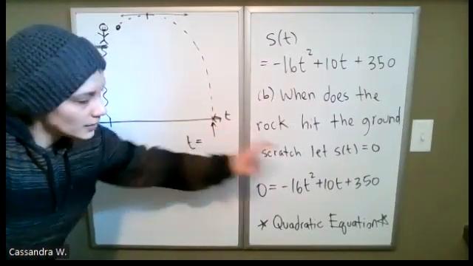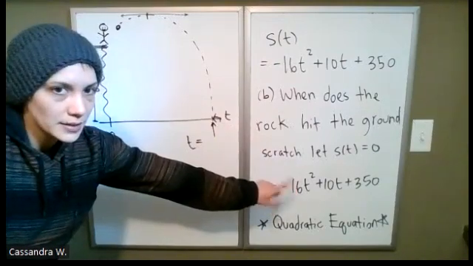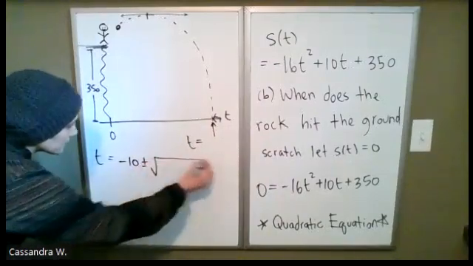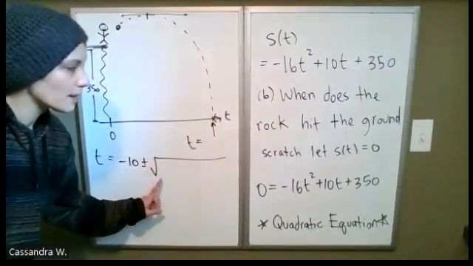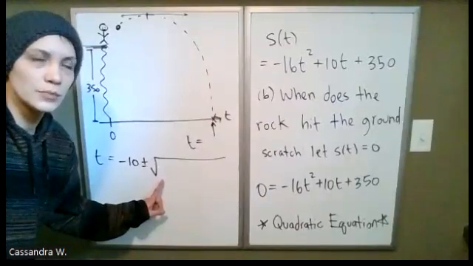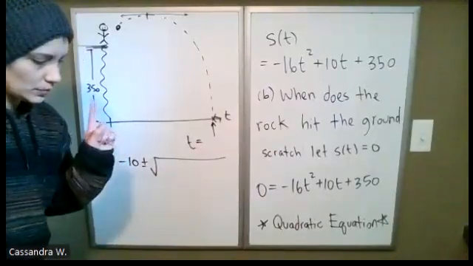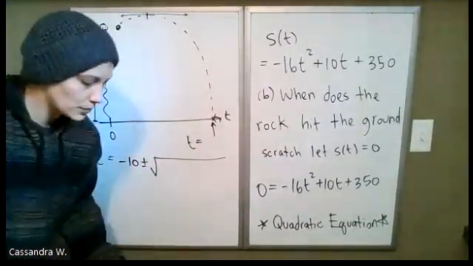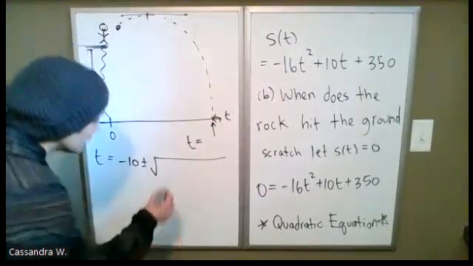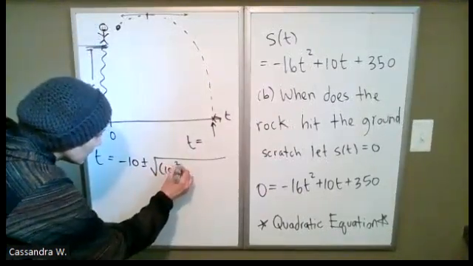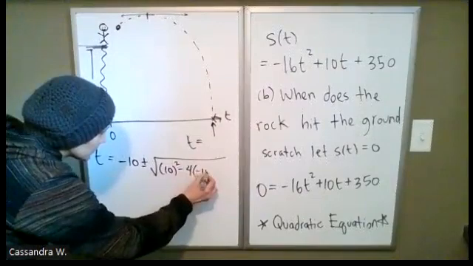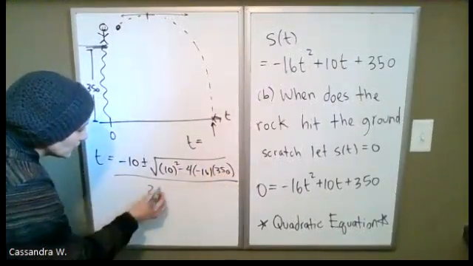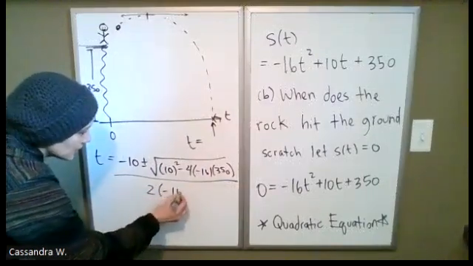Okay, you have -10 plus or minus the square root of 10 squared minus 4 times -16 times 350, over 2 times -16.